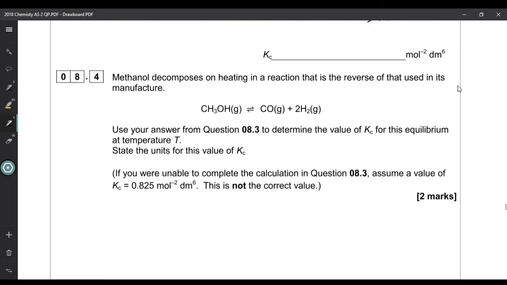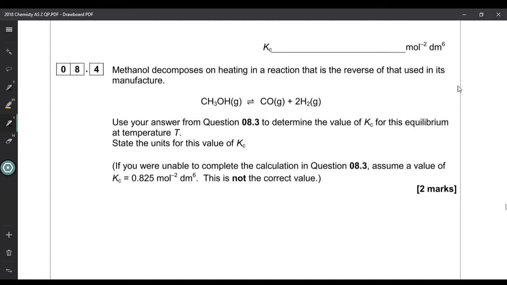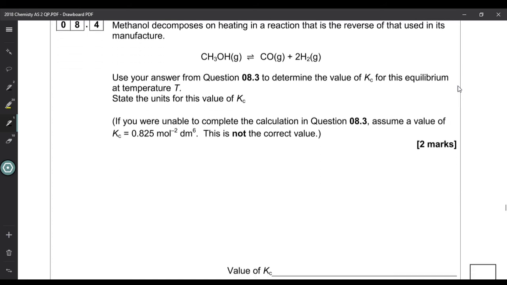So a final part of this question says the methanol decomposes on heating in a reaction that is the reverse of this. So we've been given the equation there. Use your answer from question 8.3 to determine the value of Kc for this equilibrium at temperature T and state the units. Okay, and you're given some numbers in case you hadn't managed to calculate it before.